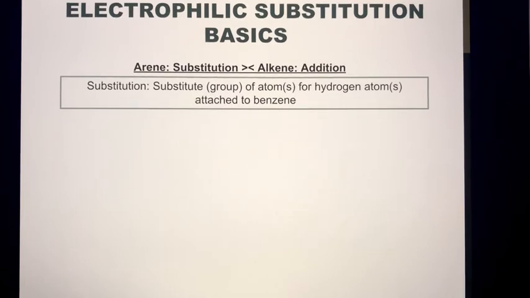It needs an electrophile attack to react, right? Because they are too rich in electrons, they want to be generous and give away the electrons. That's why we call it an electrophilic substitution. Why substitution? Because the hydrogen will be substituted with other functional groups. That's basically the principle for electrophilic substitution.